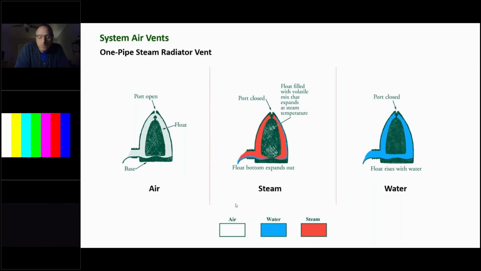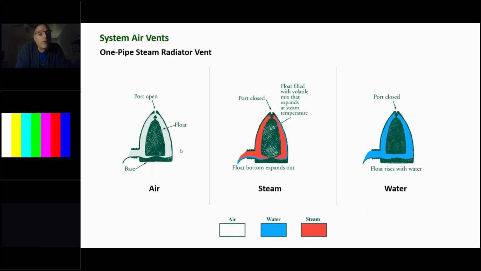All right, so this is the one pipe steam vent. This is the vent you're going to find lower down on the one pipe steam radiator. You'll generally find two types of one pipe steam radiator vents, and we use the Hoffman 1A, which is an adjustable vent.